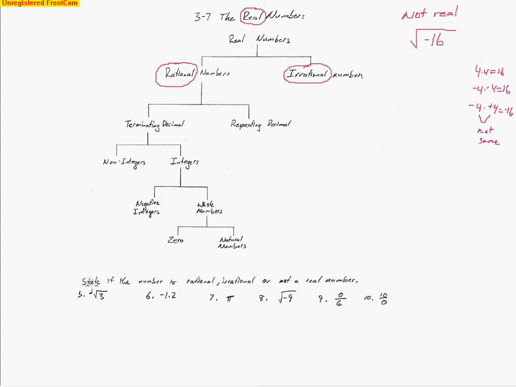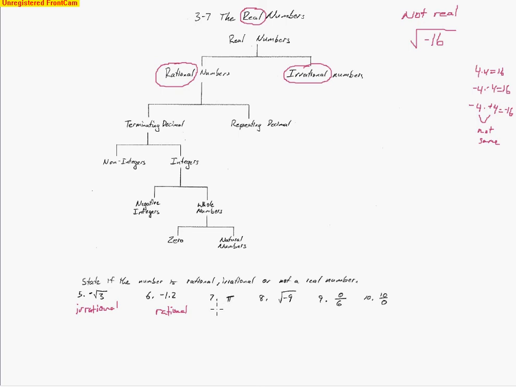So let's go ahead and state what these are. So this number here, because the minus sign is on the outside, I could take the square root and then take its opposite. So this is called an irrational number. It's irrational because it's not a perfect square. Where this number is in the decimal form, so that means it's a rational number. This is the other example that shows that it's an irrational number.